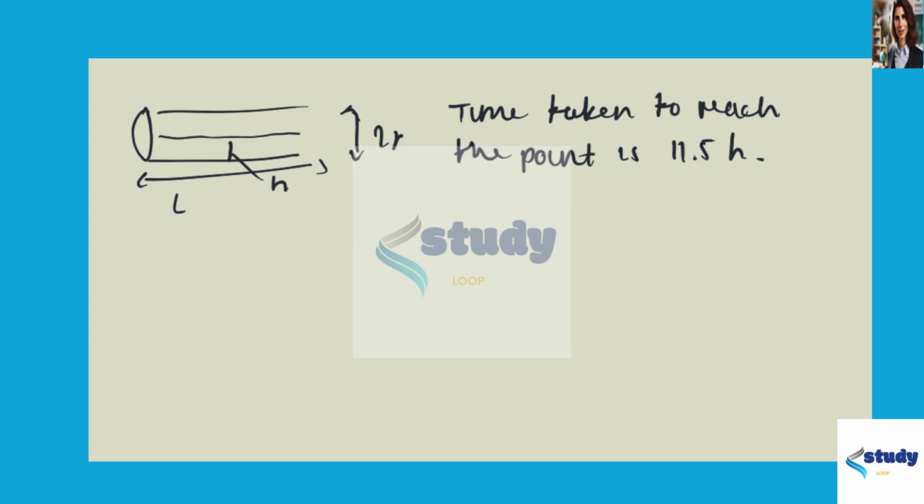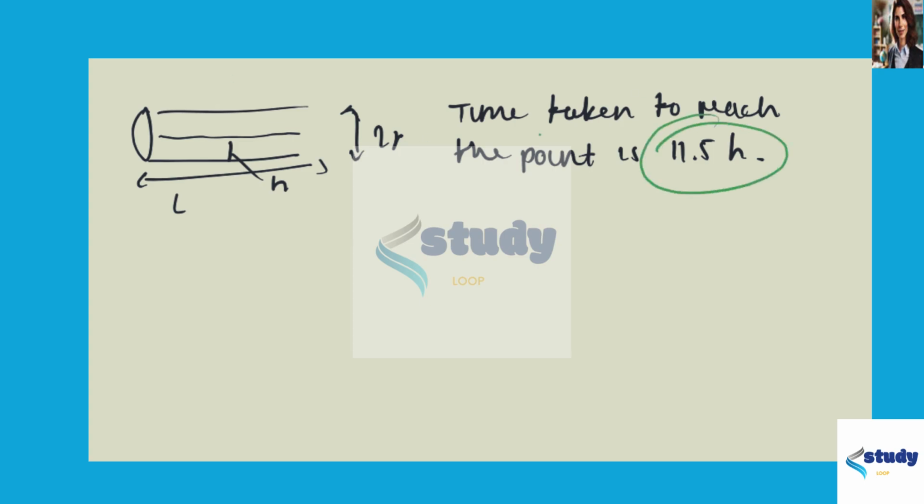So we know the density and the mass flow through the cylinder, so we can solve for the volume flow rate using differential equations. So the time taken to reach the point is 11.5 hours.